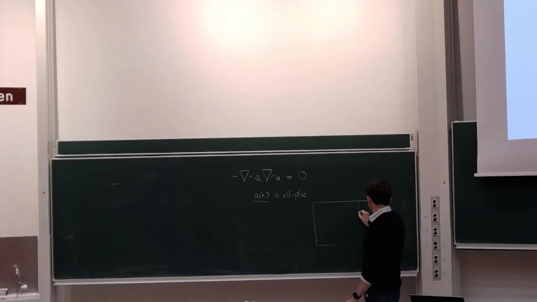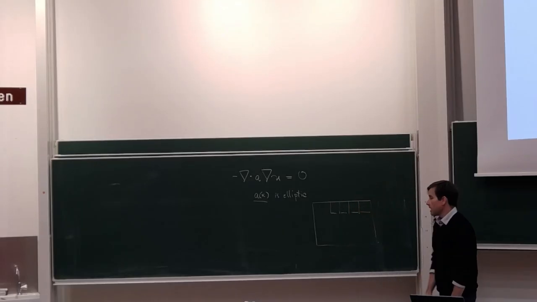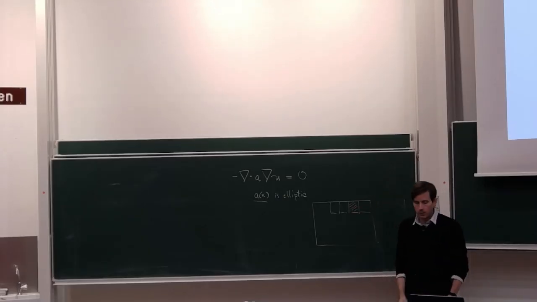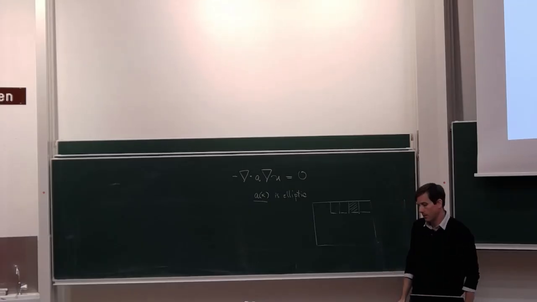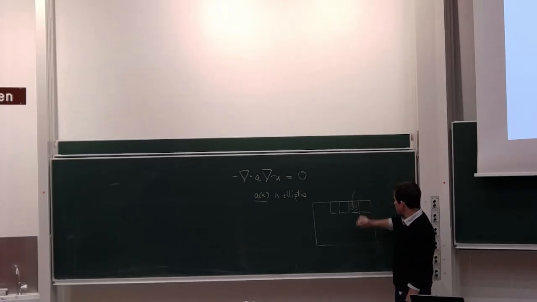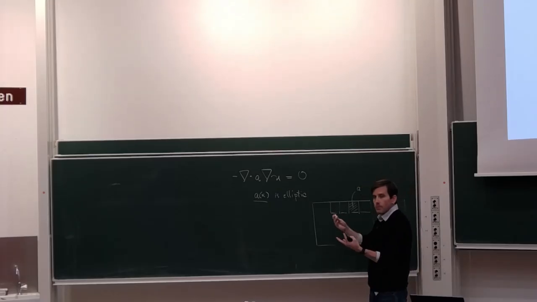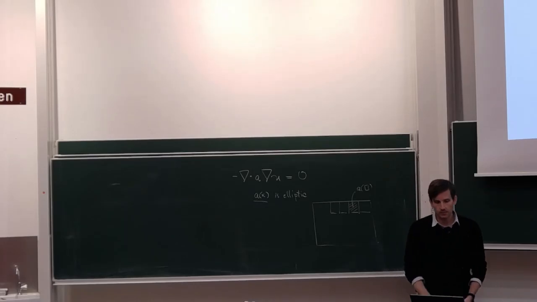So one idea is you cut the big box into smaller boxes. For each box, you want to look at what the field's doing in that box, look at how the solutions are behaving, and replace the field A of x with just one matrix A of the box, which represents the field in that box.